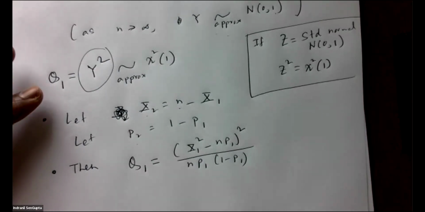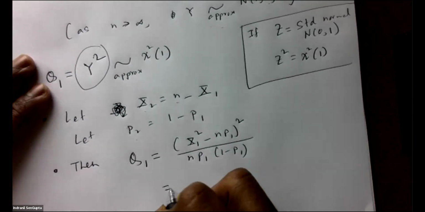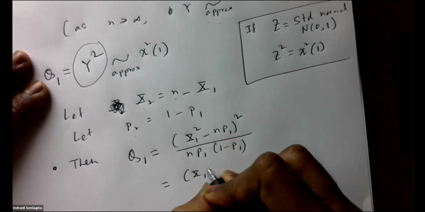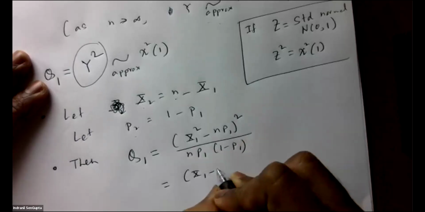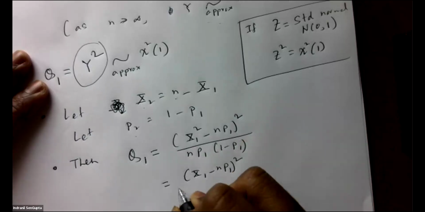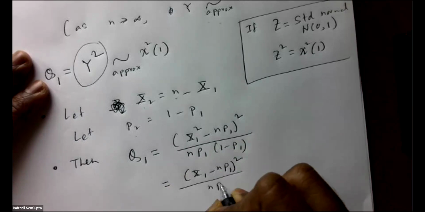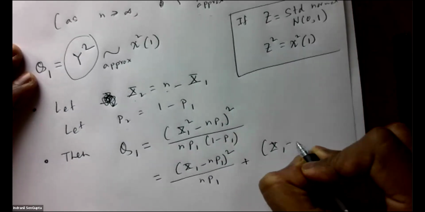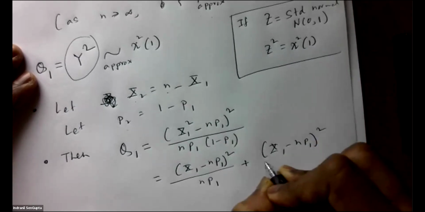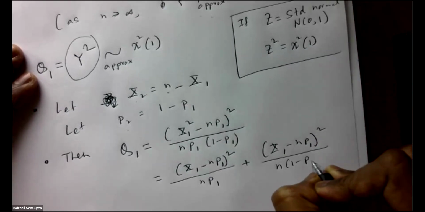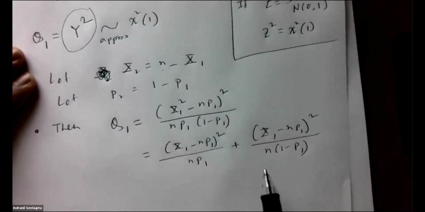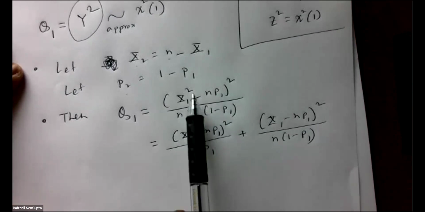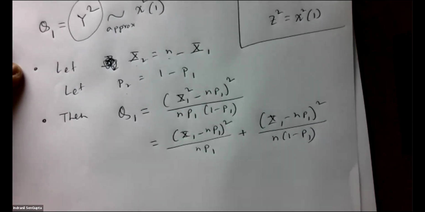Now I can write this in the following way, and I'll leave it up to you to check it: x1 minus np1 squared over np1 plus x1 minus np1 squared over n times 1 minus p1. It's very easy to check. You simply add these two, and you'll recover this one.